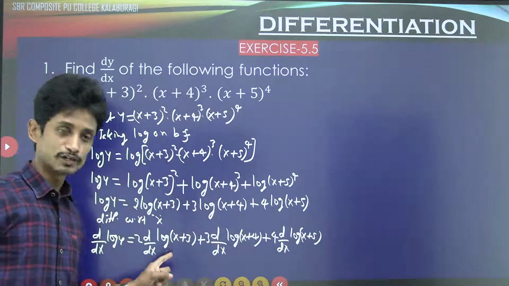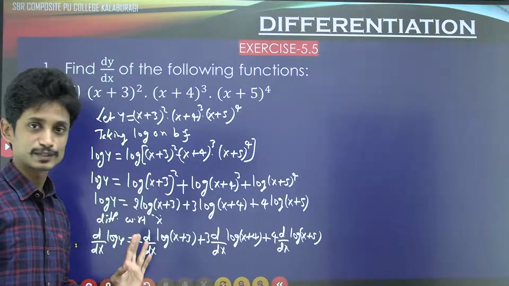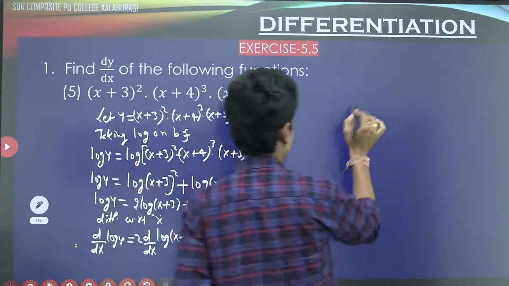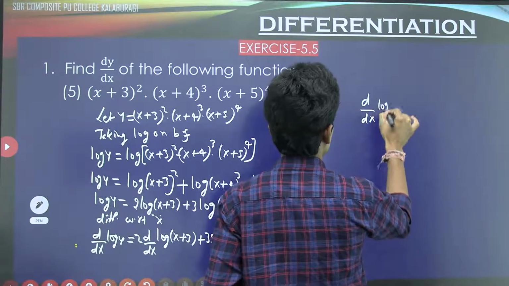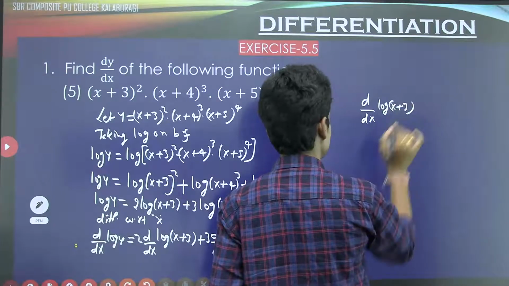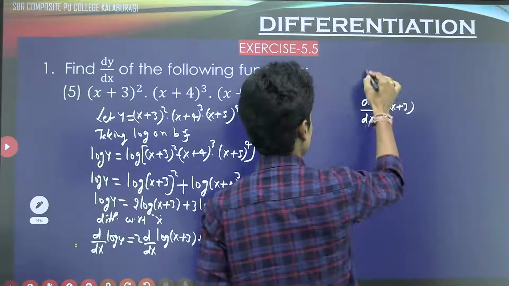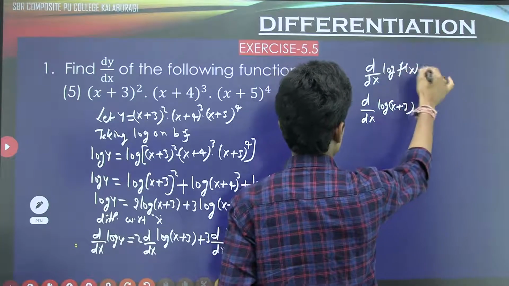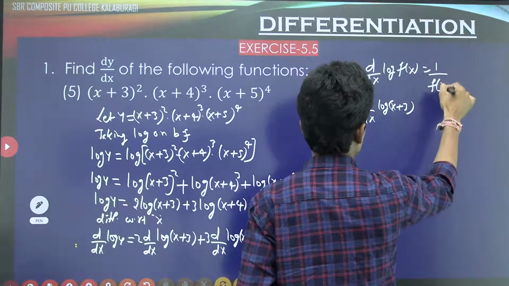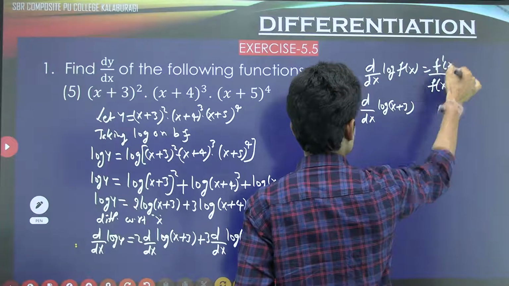Roughly I will show one function's derivative, and the remaining we can proceed in the same way. Look here, d by dx of log of x plus 3. How to differentiate this one? This is of the form d by dx of log f of x, that is 1 divided by f of x into f dash of x.